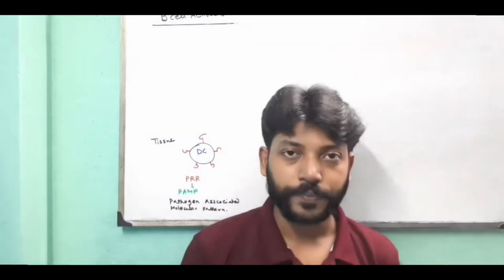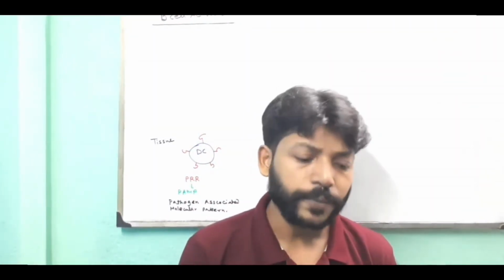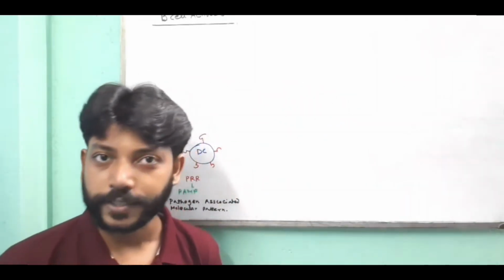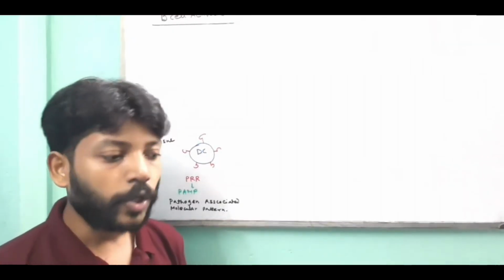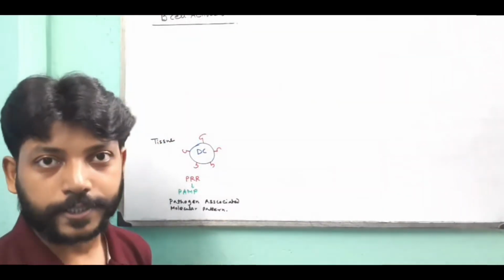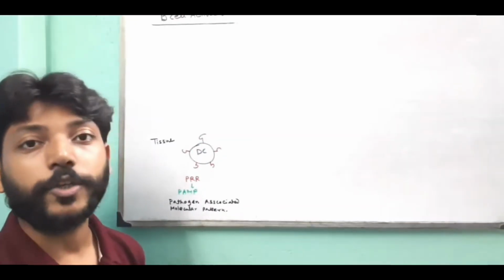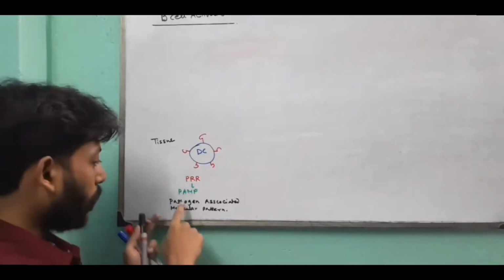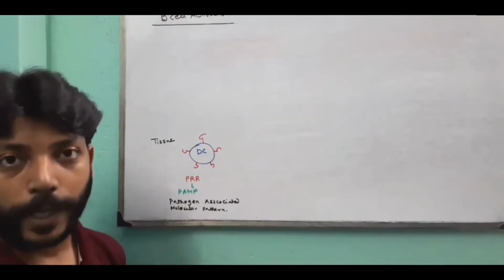Many pathogens have double-stranded RNA, or specific proteins like flagellin, which is present only in flagella and not in eukaryotic cells. Likewise, LPS, lipopolysaccharide, is not present in eukaryotic cells, only in gram-negative cells, and gram-positive cells have lipoteichoic acids. These are pathogen-associated molecular patterns.